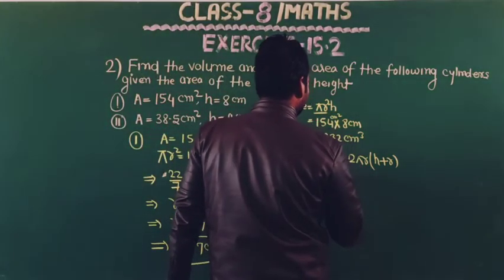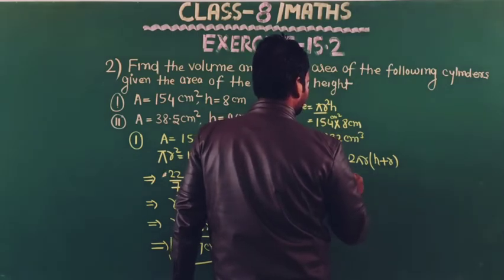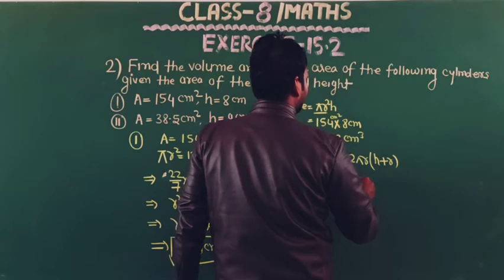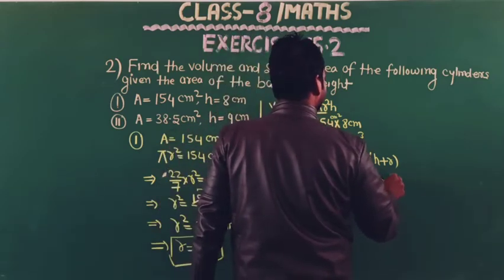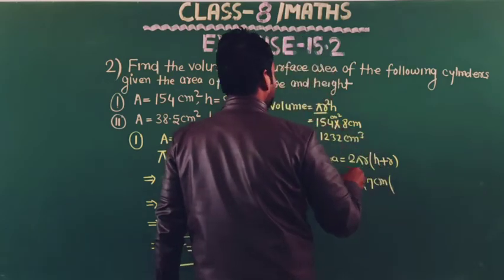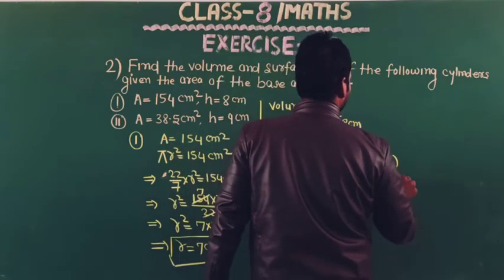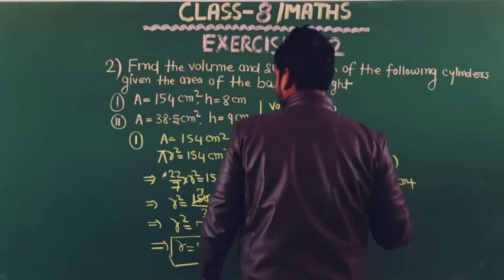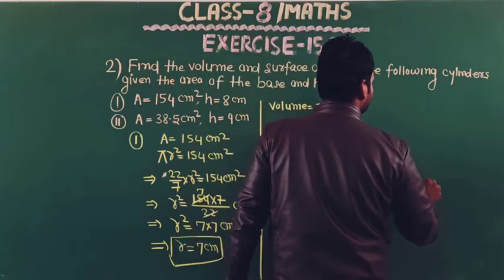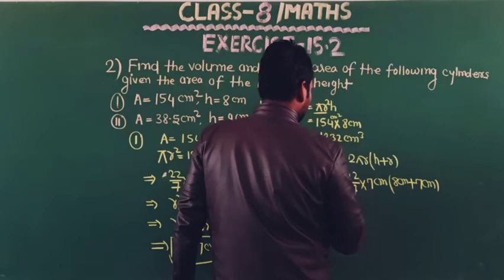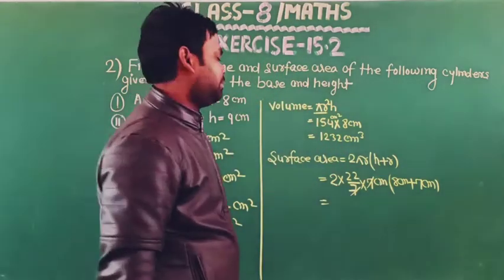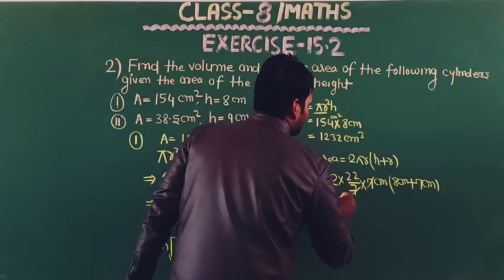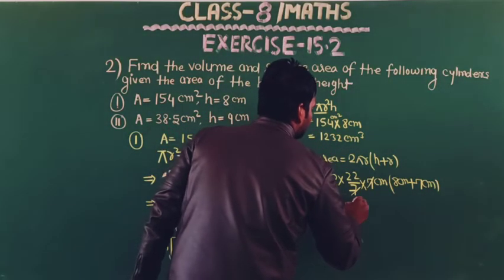Here 2, and pi is 22 by 7, radius r is 7 centimeter, into h is 8 centimeter plus radius 7 centimeter. Here we can cancel the 7 in numerator and denominator. Now multiply 2 into 22, so we will get 44 centimeter.